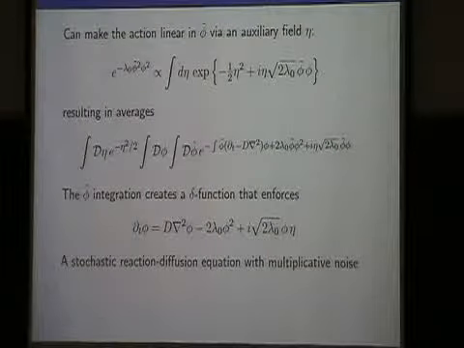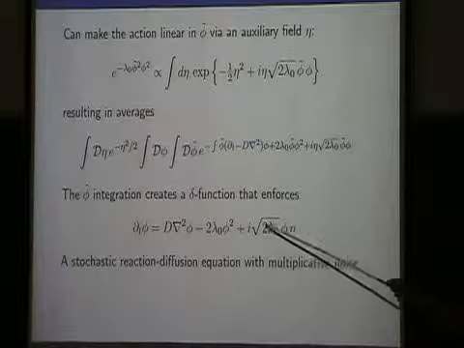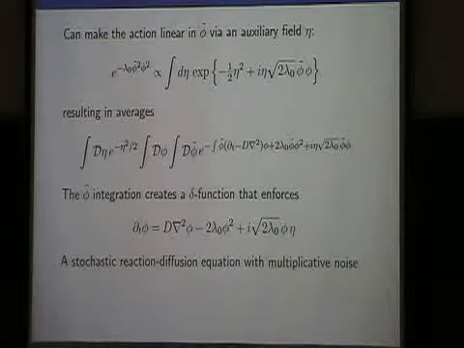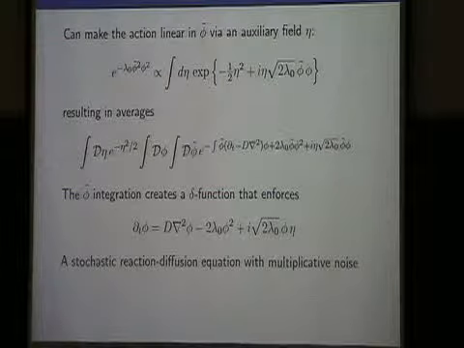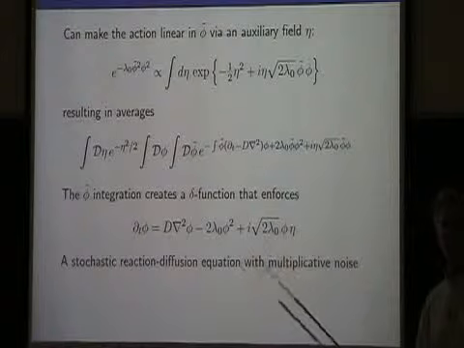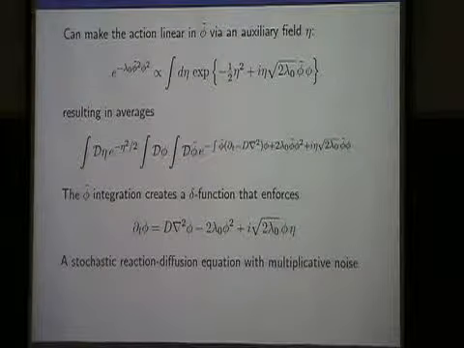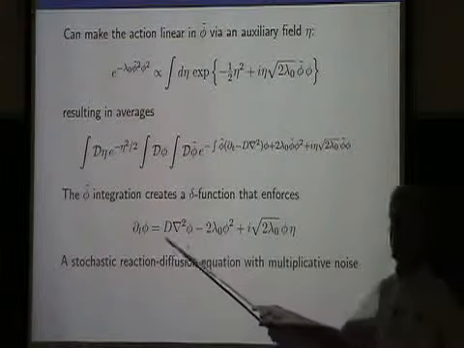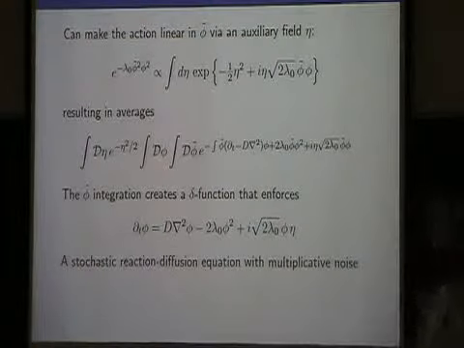The correlator, you can absorb the i into eta if you want, if you don't like it there, but then the correlator is negative. One way or another, you got something a little counterintuitive here. Remember, phi is complex. The average of phi is real. The average of phi is the density. But this is a nonlinear equation coupling real parts and imaginary parts of phi.